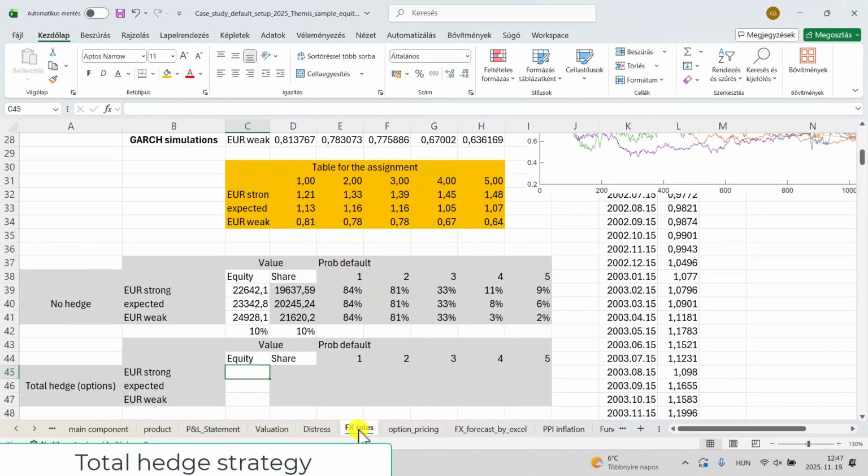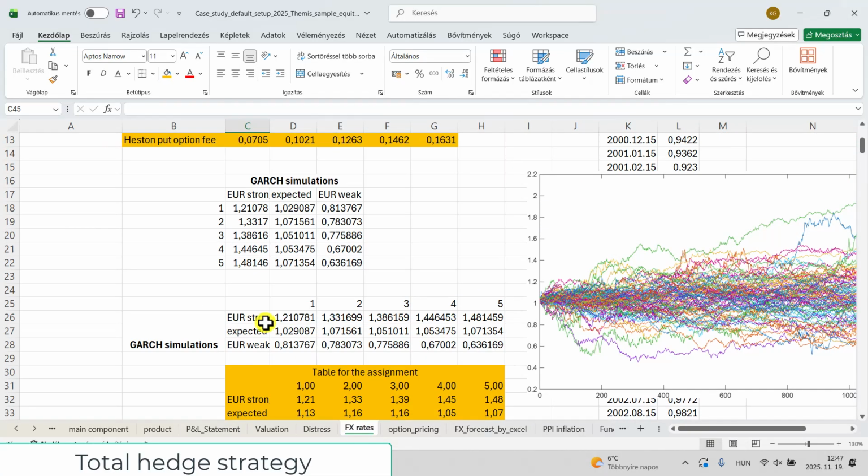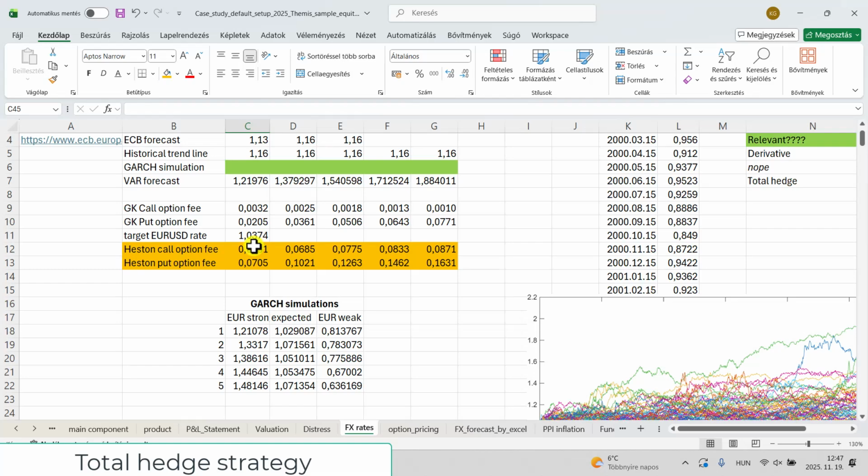First of all, option fees from here. But as we were able to see, we have to make options only for this time period, because in the first 3 years we don't have any kind of exposure.